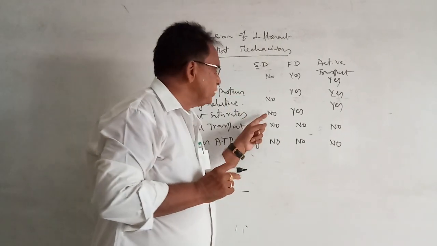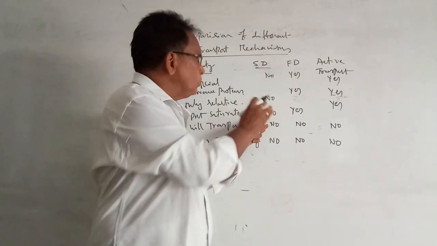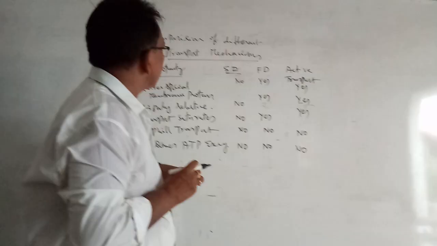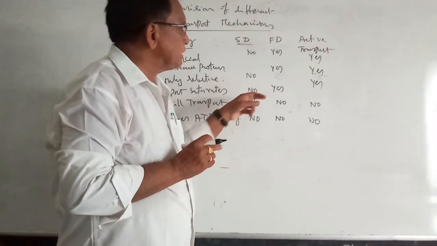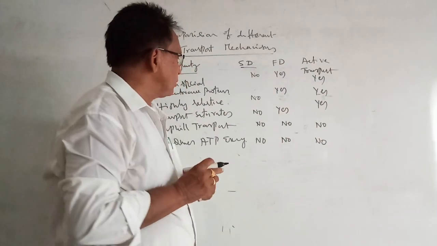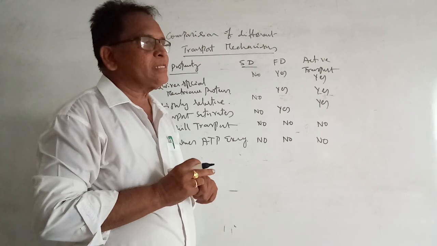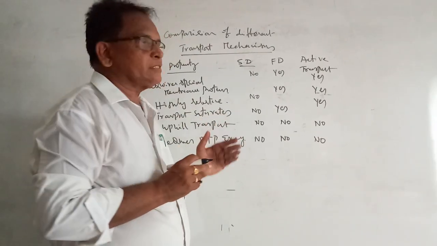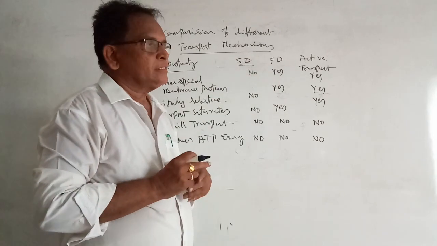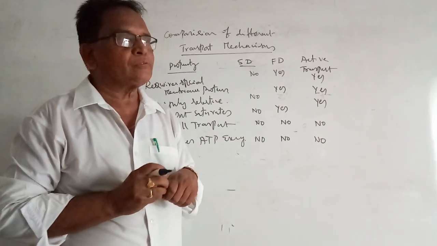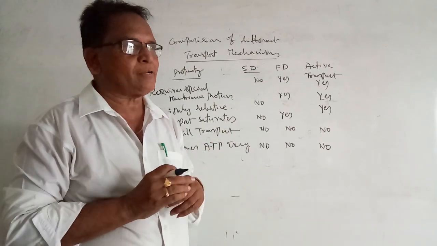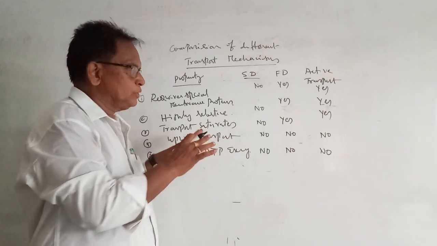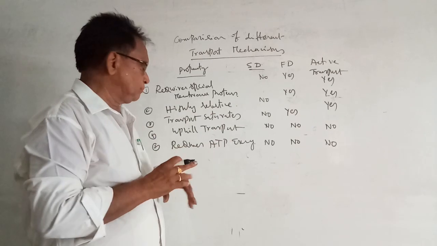For simple diffusion, there is no participation of carrier proteins, but for facilitated diffusion and active transport, these carrier proteins are required, and they undergo saturation. Whenever these carrier proteins become exhausted in the plasma membrane, the entire transport machinery will stop.